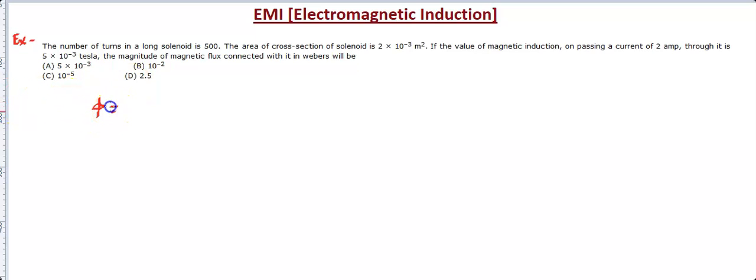You need to find flux, and we know in a long solenoid the field is uniform, so we can write it is going to be N into B into A into cos theta. This is the formula you need to apply. N value is given to you, B value is given to you, A value is given to you, theta you need to identify. Let me give you a hint.